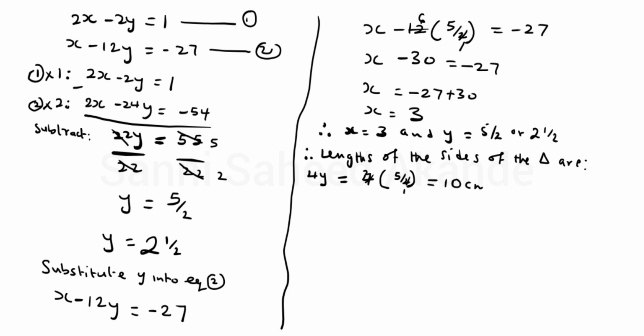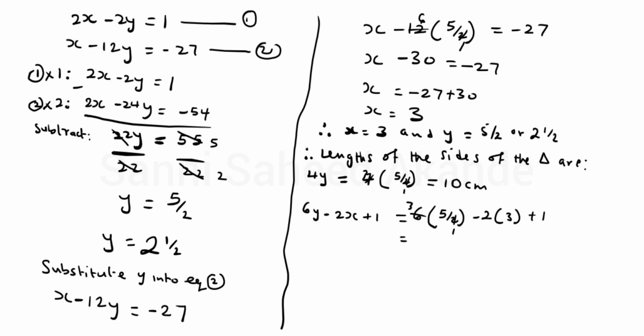Then for the second side, which is 6y minus 2x plus 1. So let's solve this algebraic expression also. So we have 6 times y, which is 5/2. Then minus 2 times x, which is 3, plus 1. So solving this, 2 here is 1, 2 in 6, that is 3.